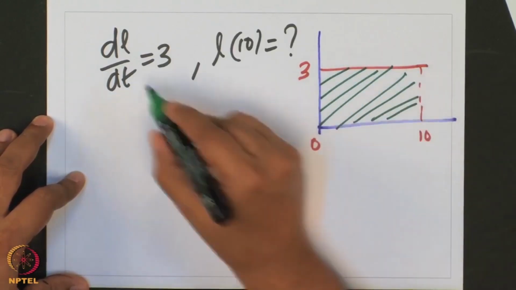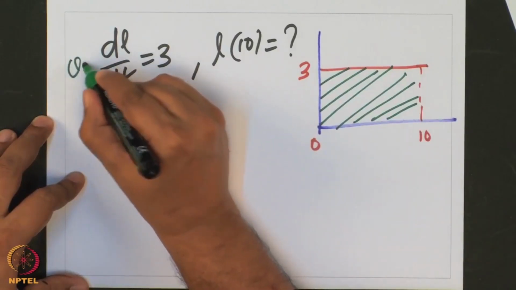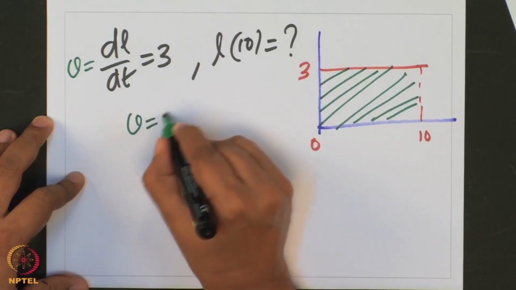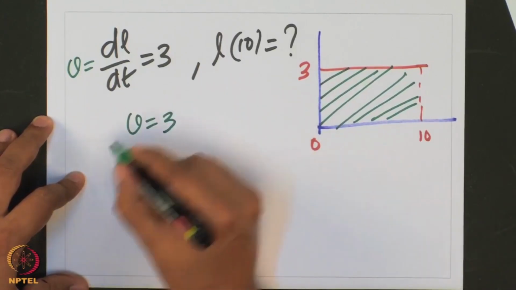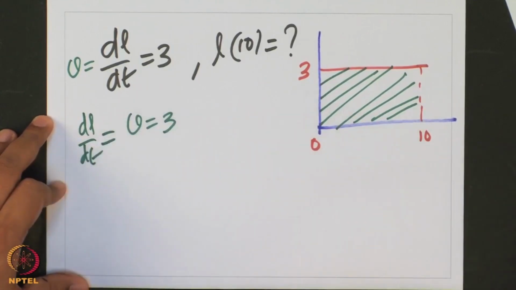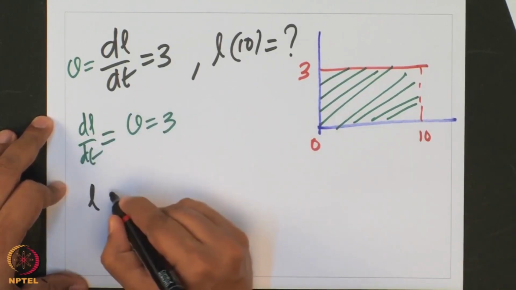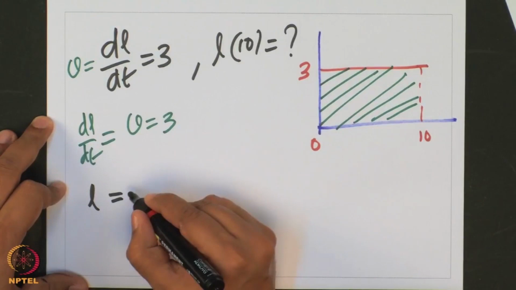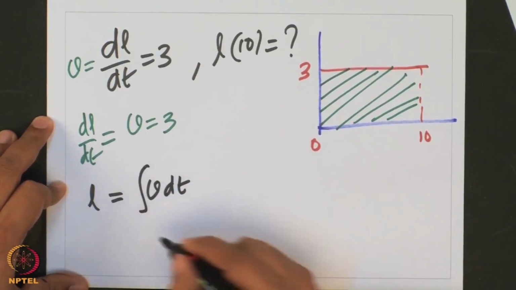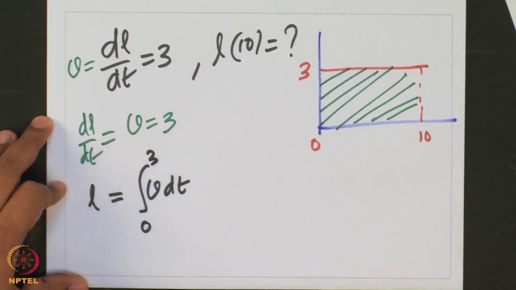So the area under this curve 3, this is our v function. So v is equal to 3, which is nothing but dl by dt, and we want L, which is integral of v dt.